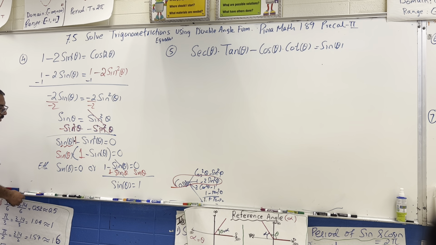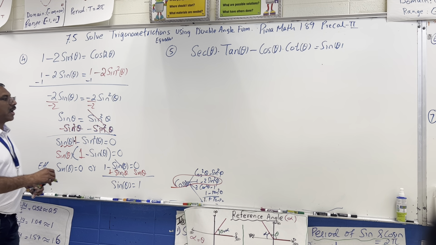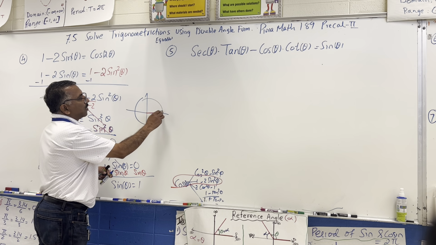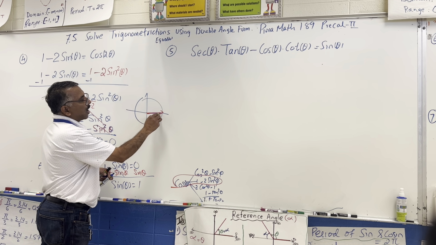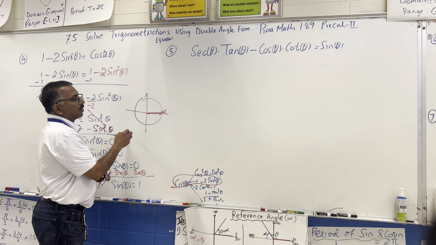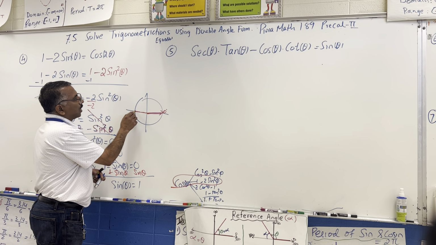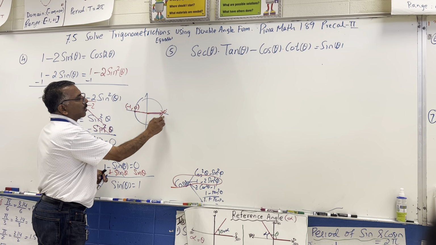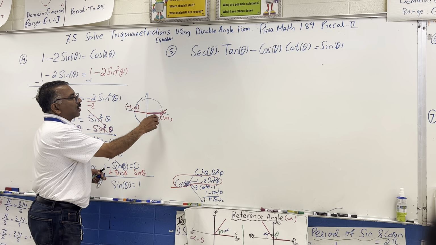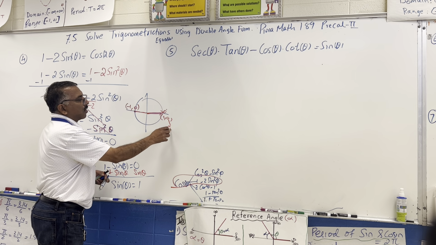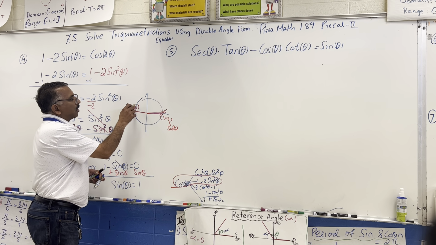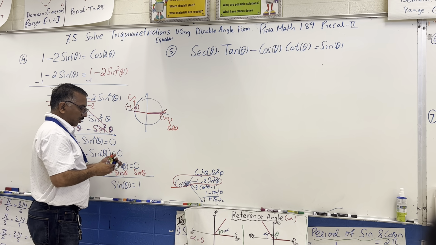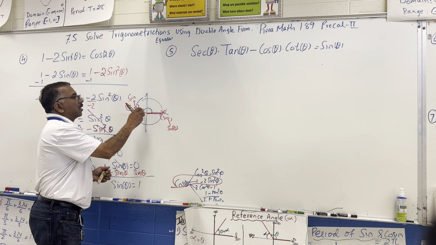Sine of what angle is 0? You can see sine is 0 if the angle is 0, at the terminal side. Also, on the other side here, this is minus 1, 0, this is 1, 0, and cosine of 0. So sine of 0 is 0, and here this one is the angle pi.